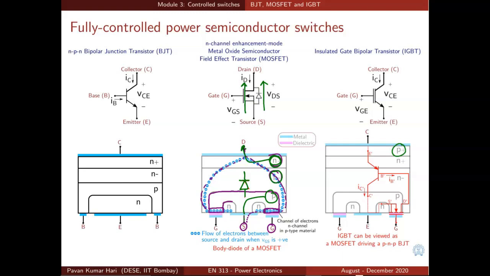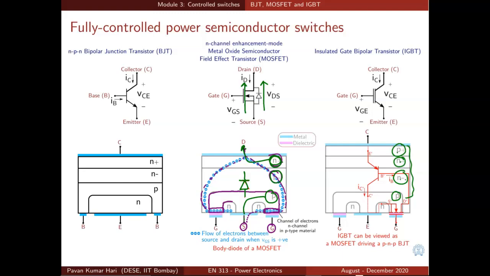So we have a P plus on top of this N plus, and we have an N minus region which is the drift region, and there is a P-type substrate. So we have a PNP transistor. So P, N, N minus, P. So this whole thing is a PNP transistor.